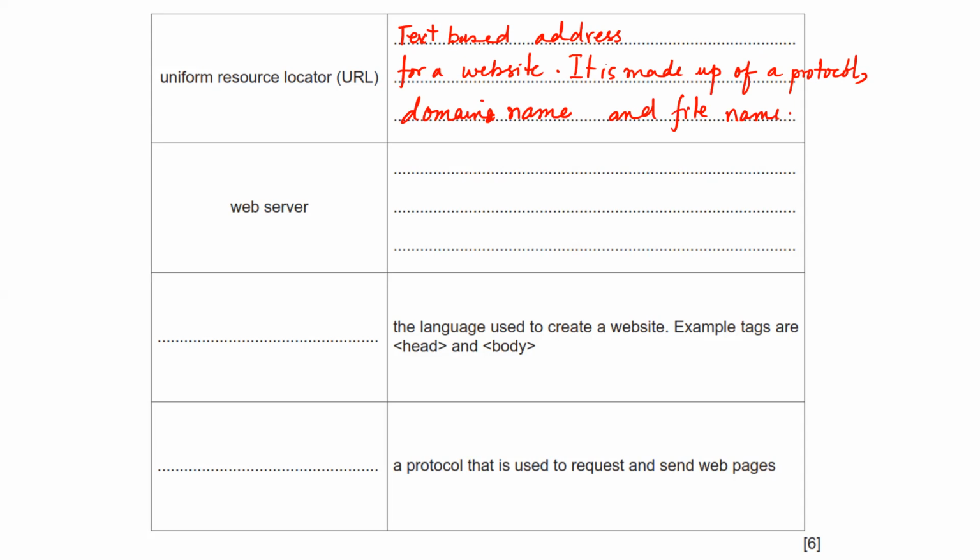Then we have a web server. So web server is a computer or a location that hosts or stores certain web pages. It receives requests from different clients and returns the requested web pages or information associated with them. So again, it is a computer or host server, host or location as well as hosts, or you can say stores web pages.